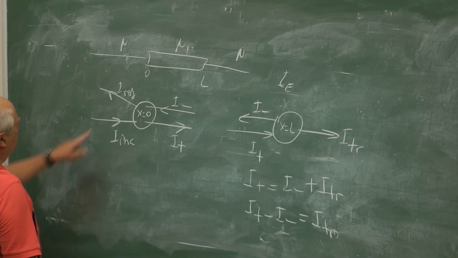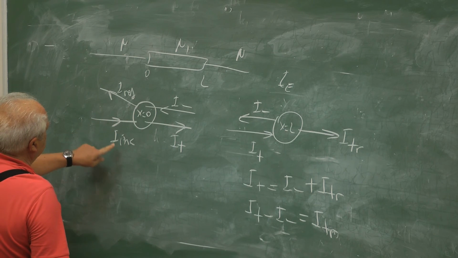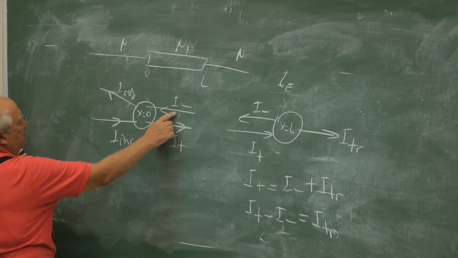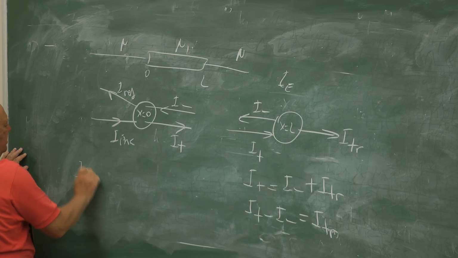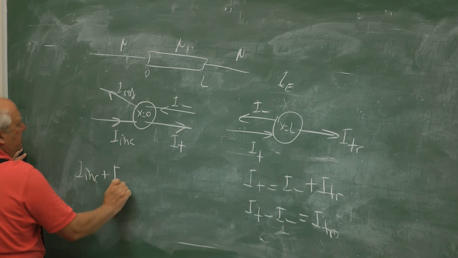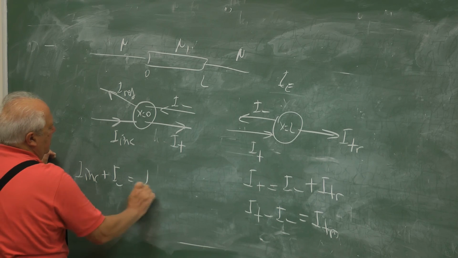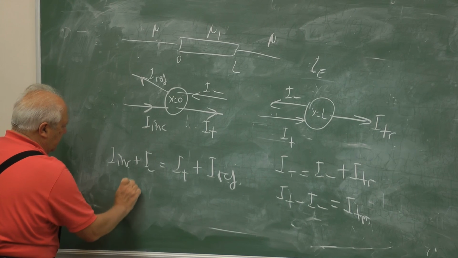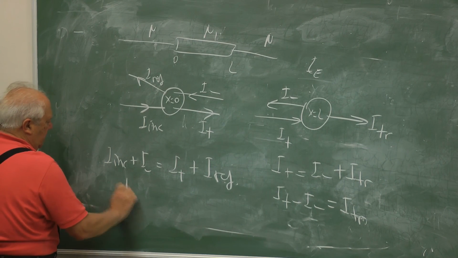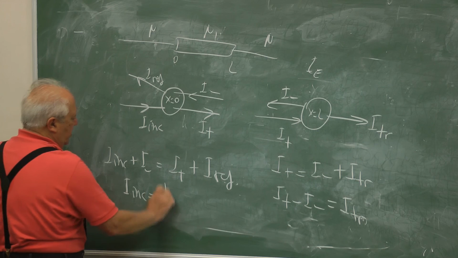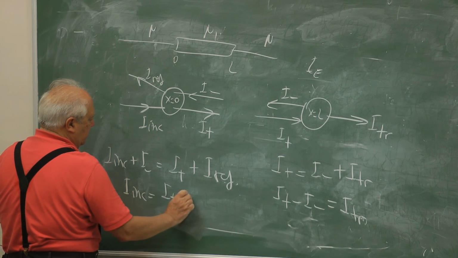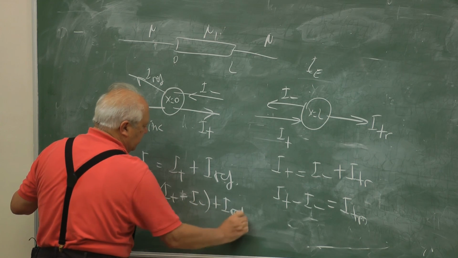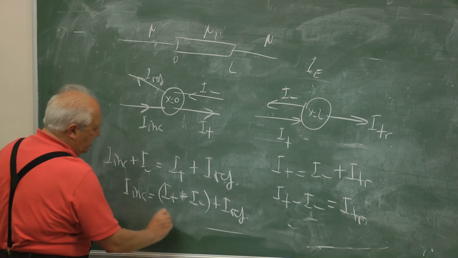Energy transmitted. Look to here, the feeders are incoming energy current and the I minus energy current. So I incoming plus I minus, that's equal to outgoing ones, I plus I reflected. Take it to the other side. I incoming is equal to I plus minus I minus plus I reflected. But we just showed this is I transmitted.